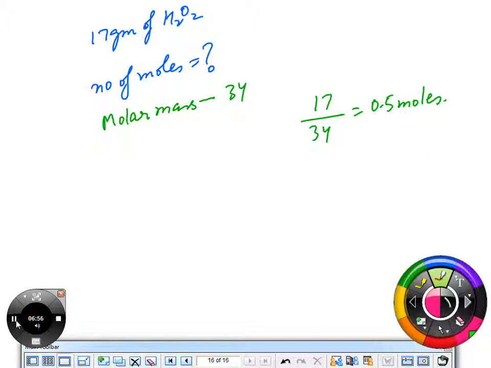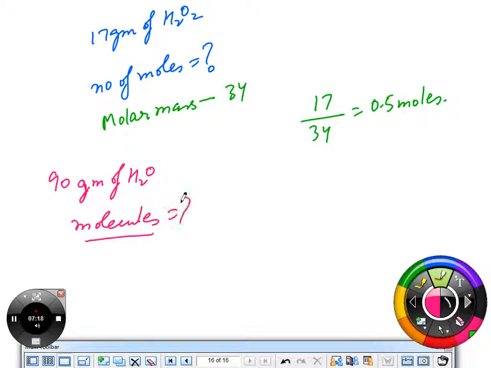We have one more question. We have got 9 gram of water, right? Let me take 90 gram of water. We have 90 gram of water. So molecules we have to calculate. How many molecules of water we have? Please calculate. So let us have a calculation of this.